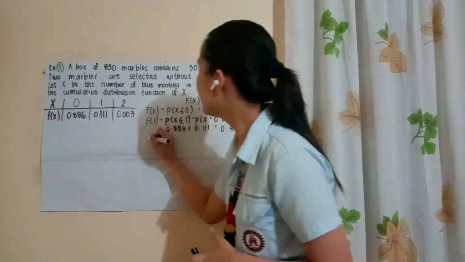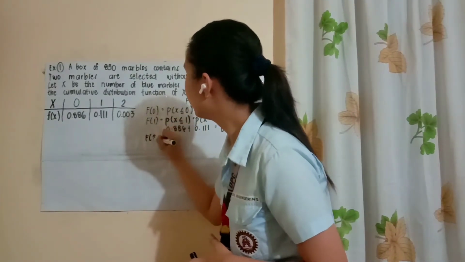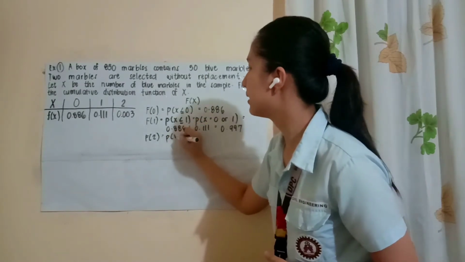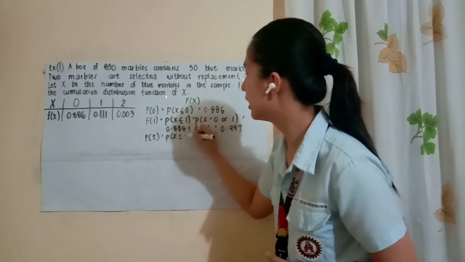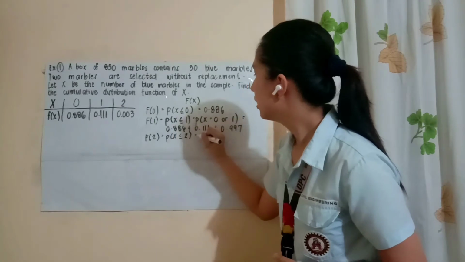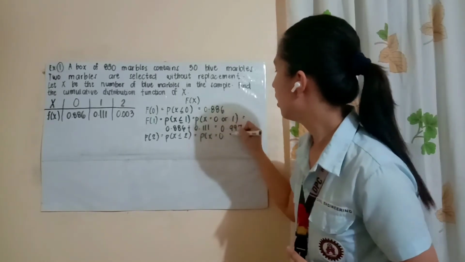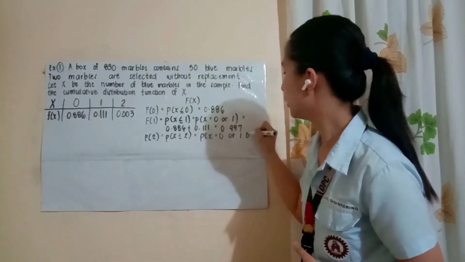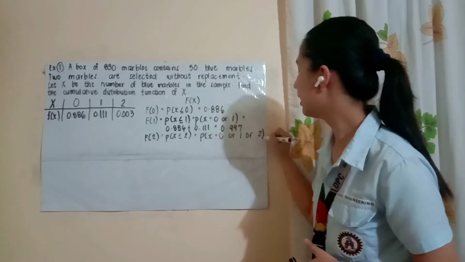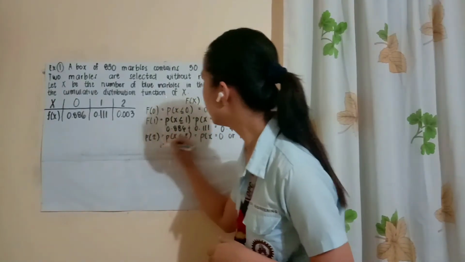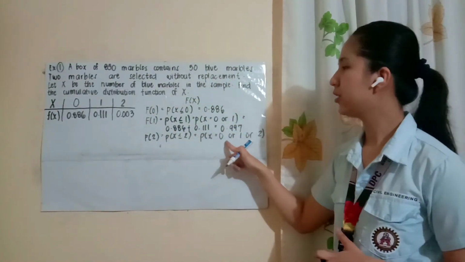And then, for the last one, we have f of 2. So, that can be expressed as p of x less than or equal to 2. For this one, we can have p of x is equal to 0 or 1 or 2. Then, kukunin natin uli yung bawat probability ng mga values na to.